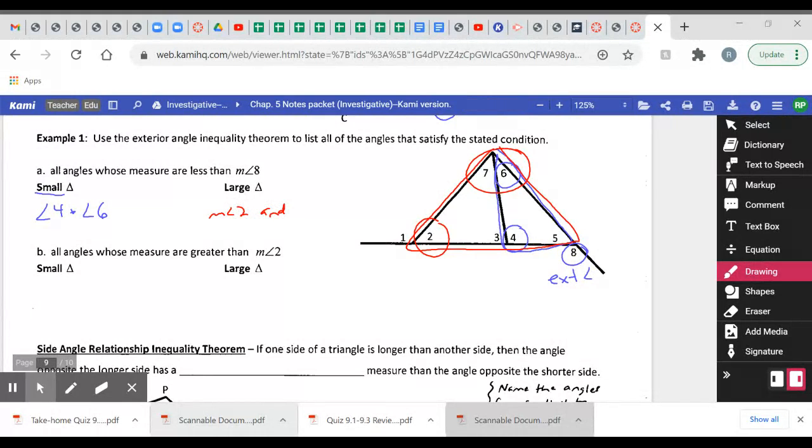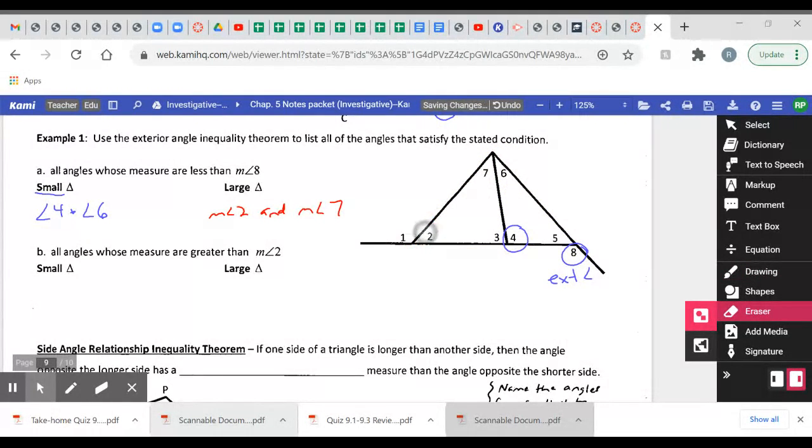And 8 has to be bigger than this angle that 7 and 6 make combined together. But we've already said it's bigger than 6. So we just need to now include that it has to be bigger than angle 7. We can't say what's bigger or smaller based on what it looks like. We have to have a reason to justify what we're saying. Okay, so now let me erase these markings.